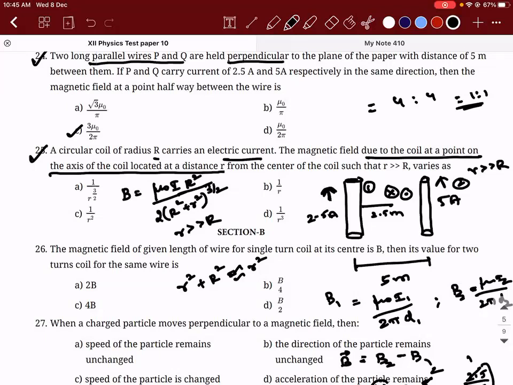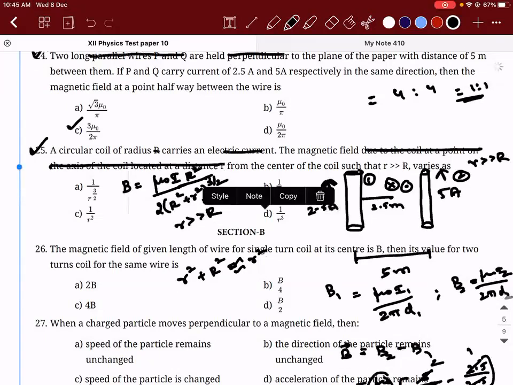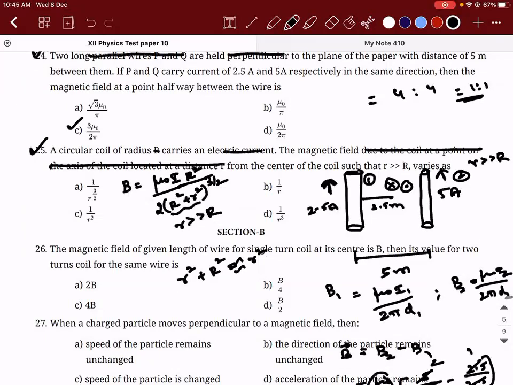So if I substitute it here, I'll get mu naught I capital R square divided by 2 into small r square, the whole power 3 by 2. So how will it vary?